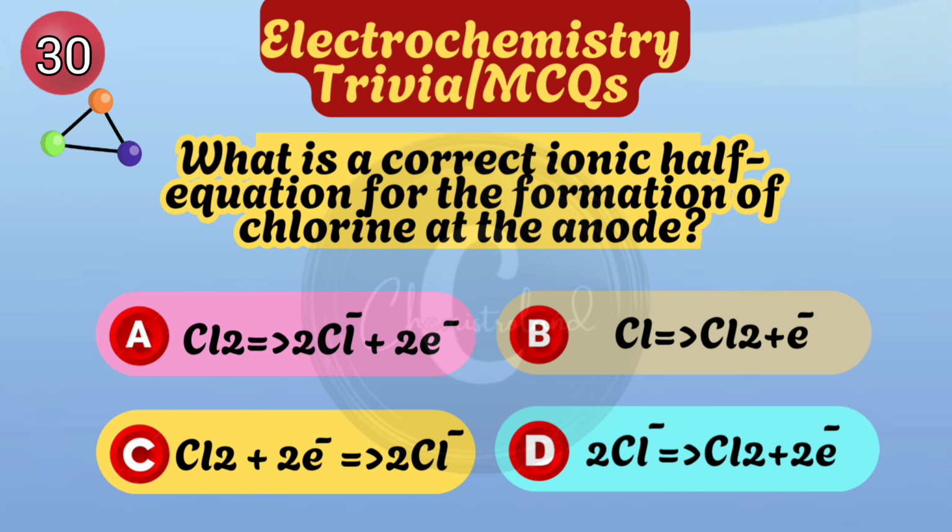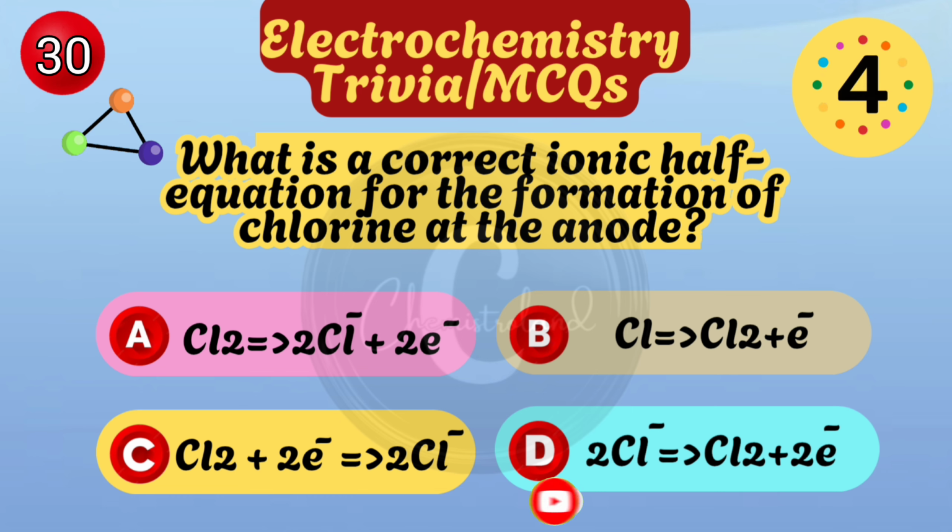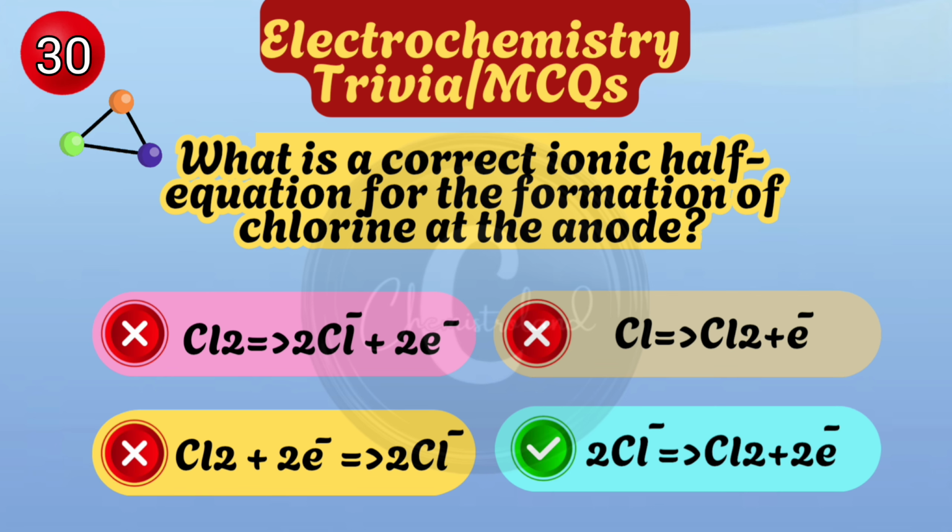What is a correct ionic half equation for the formation of chlorine at the anode? It's option D, where two chloride ions form one chlorine molecule after releasing two electrons.